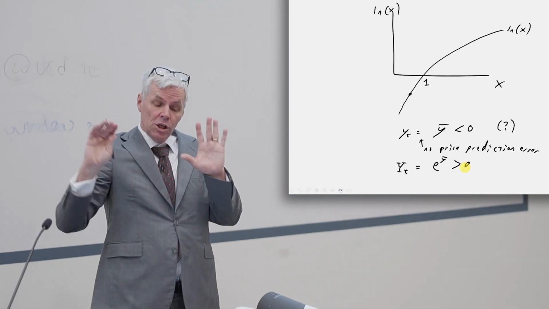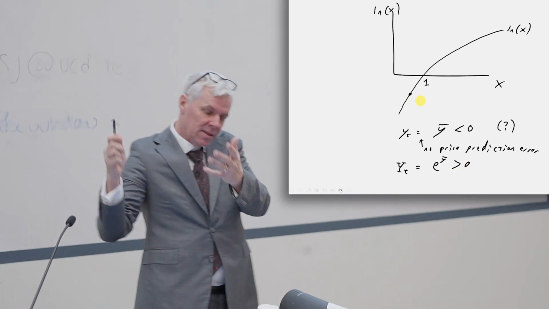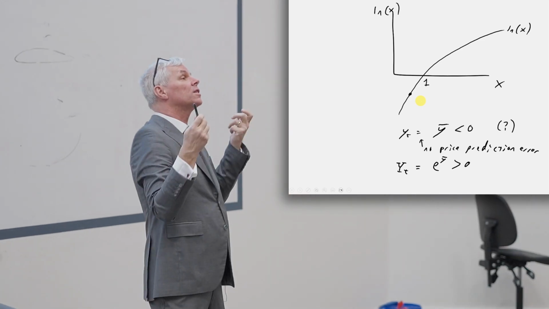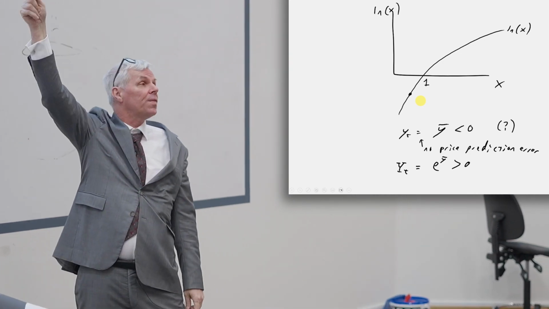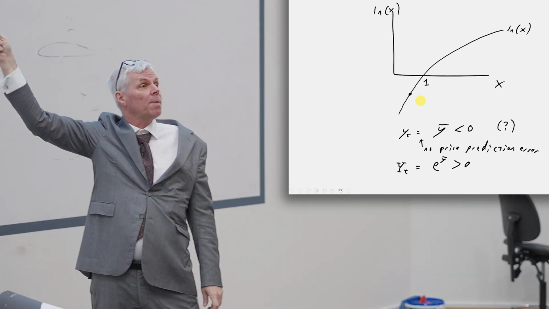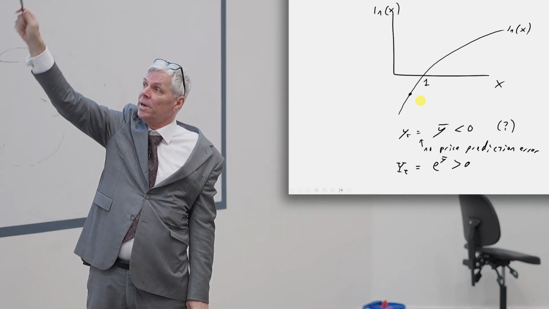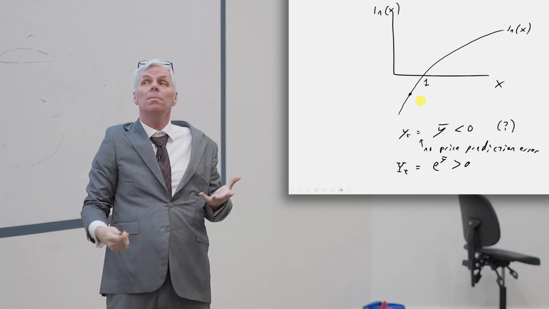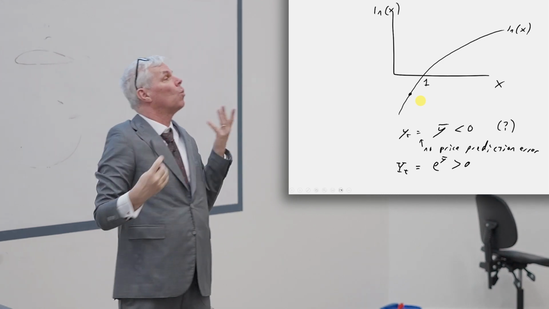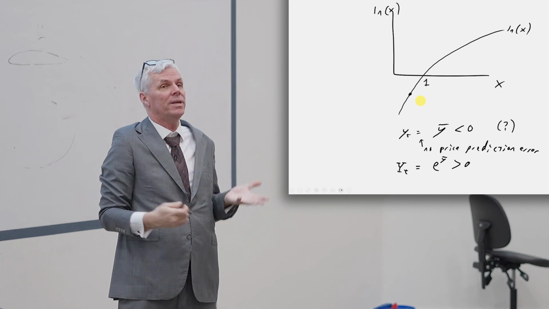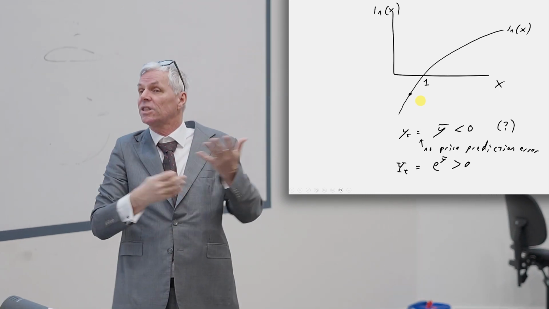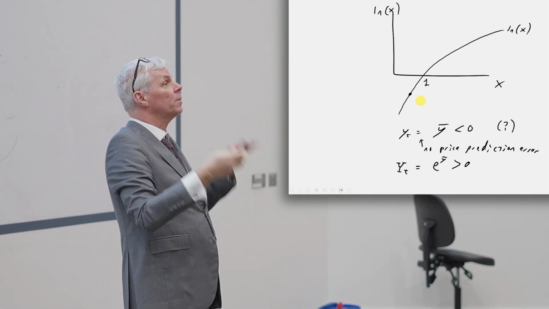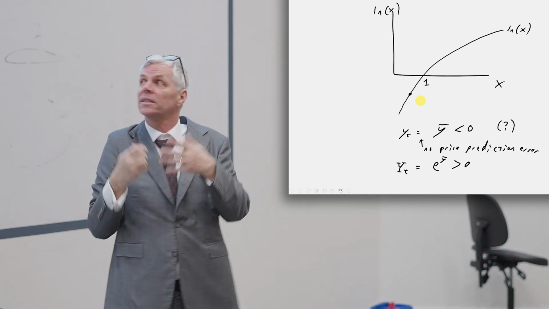So just because the little y is less than 0 doesn't mean we should freak out, because remember, the little y is the log, and the log can be negative even when the thing itself is positive. So little y bar is negative, but it's not a problem. It just says that it's less than 1, which is fine. We didn't determine units of this thing. Is it in trillions of euros, hundreds of trillions of euros? We don't know. So it's less than 1.